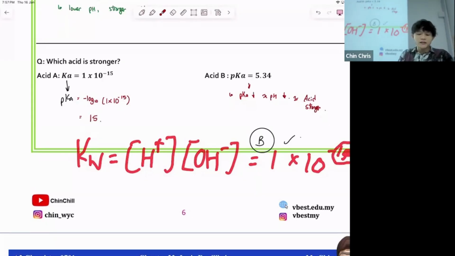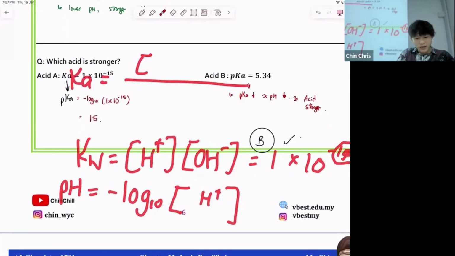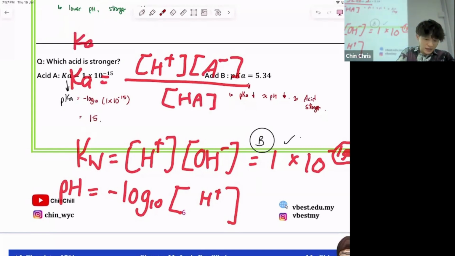Next, to calculate pH is always negative log base 10 of the concentration of H plus. Next, we have Ka, which equals H plus times A minus over HA. Well done. Next, Ka is high, pKa is low, acid is strong.